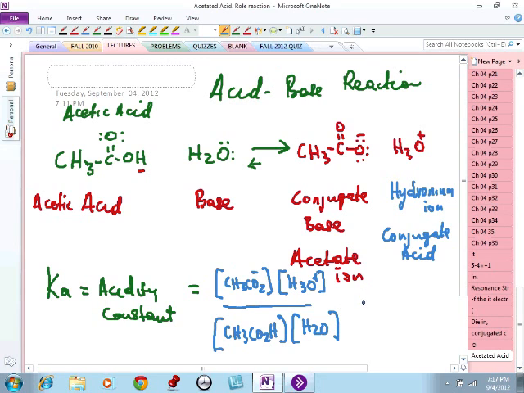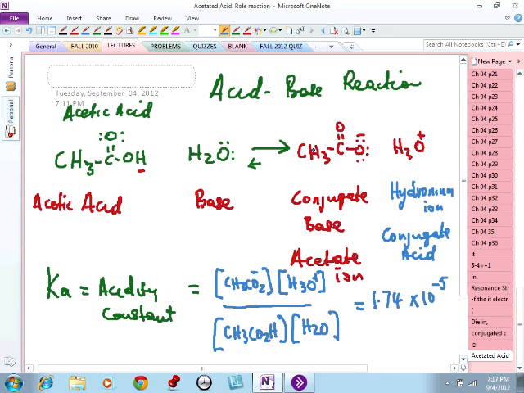In the case of acetic acid, this value is about 1.74 times 10 to the minus 5 moles per liter. That is the acidity value for acetic acid.